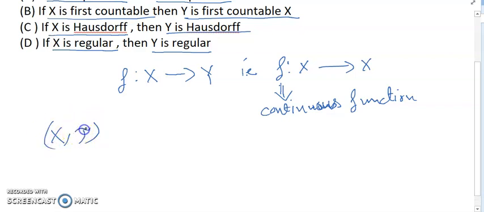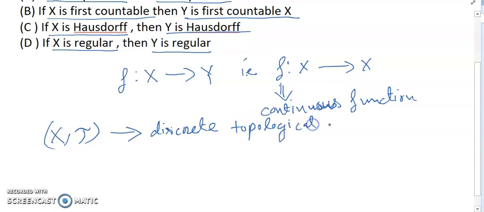Now let us take (X, τ) as a discrete topological space. Okay, very fine.